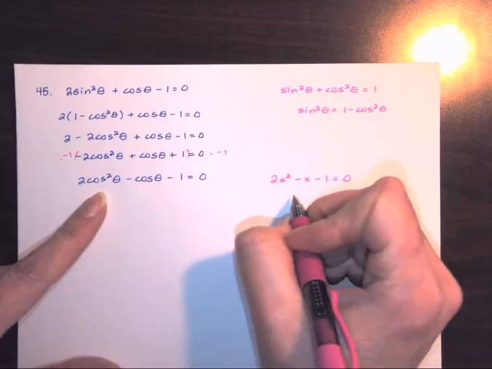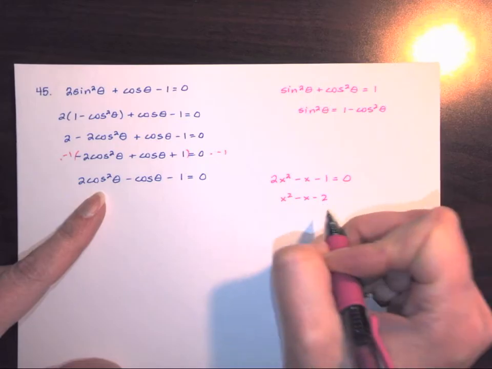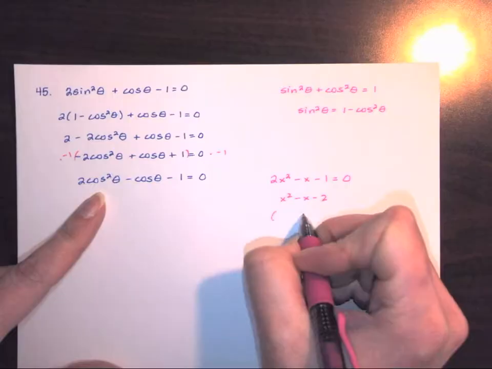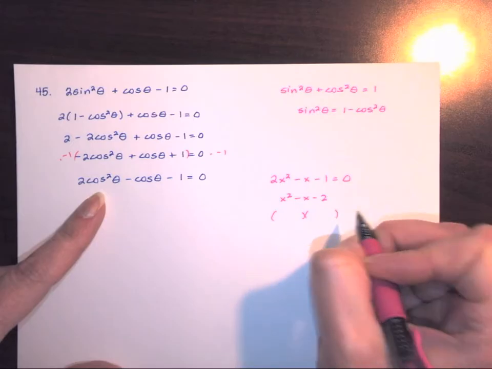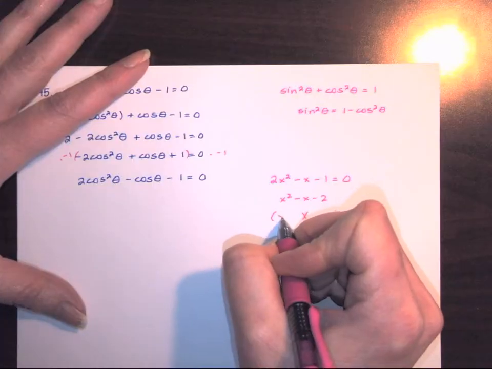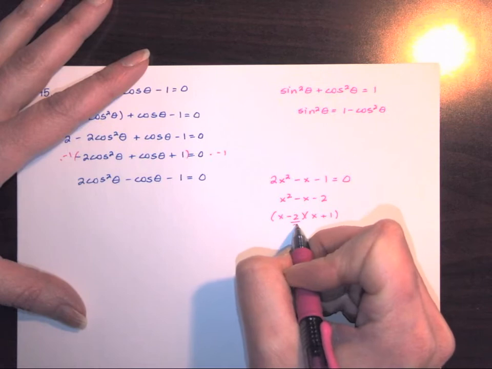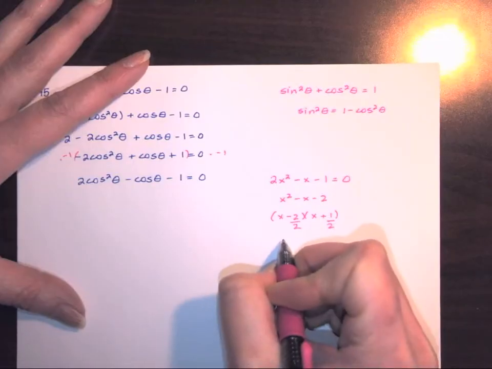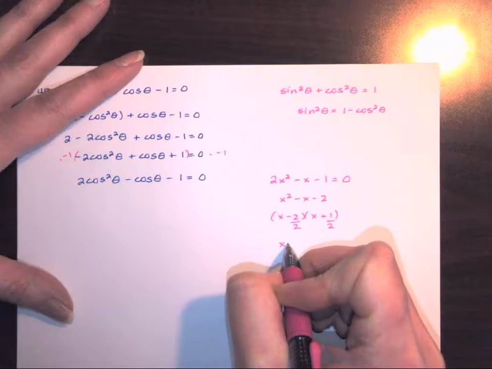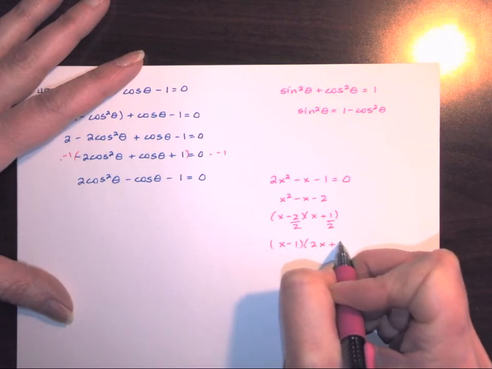So if we do our slide, we have x squared minus x minus 2. And we can factor that, what multiplies to negative 2 and adds to negative 1. So this would be x minus 2, x plus 1. And then divide by the 2 that we slid. And this would give us x minus 1. And this right here would be 2x plus 1.